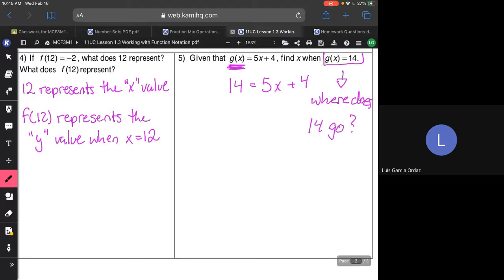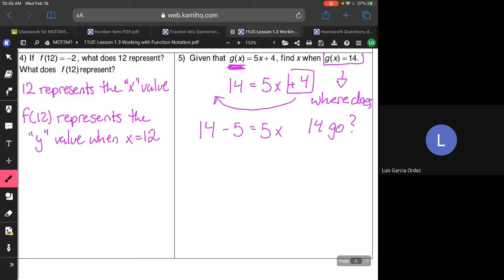How am I going to isolate for 5x? What do I need to move over, Cynthia? Yep, so I'm going to move the plus 4 over to this side. Because I'm moving a positive number over to another side, what happens to the sign? Yeah. What's 14 minus 5? Oh, minus 4. Whoops.